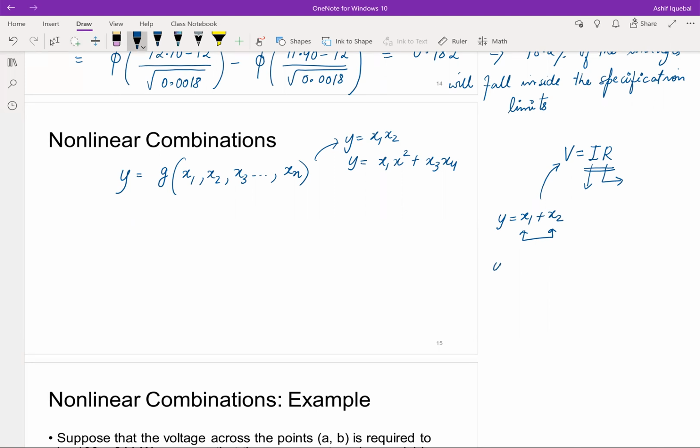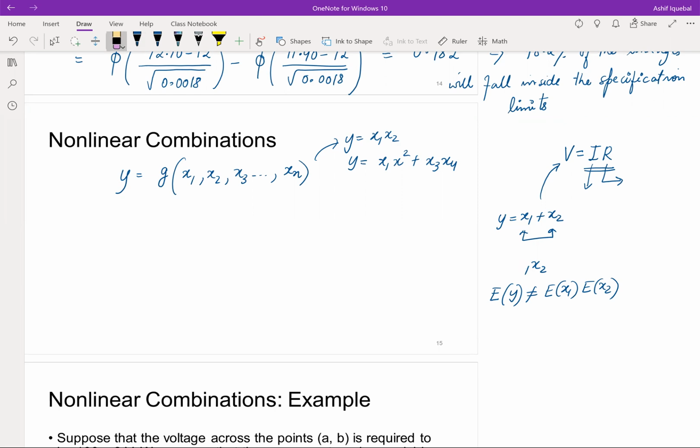But if y is given as x1 times x2, then it is not possible to write down the expected value of y and variance of y easily. What I'm trying to say is expected value of y is not equal to expected value of x1 times expected value of x2. This is not correct. Just remember that, okay?